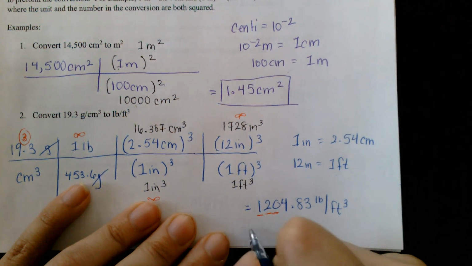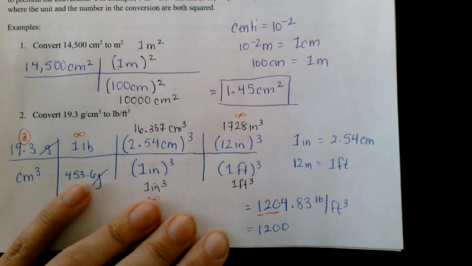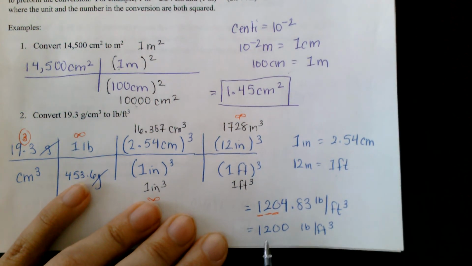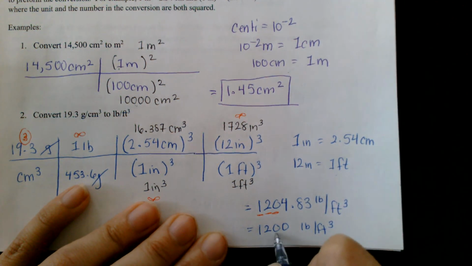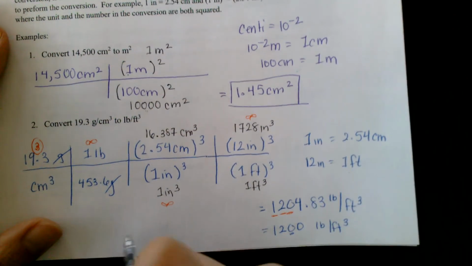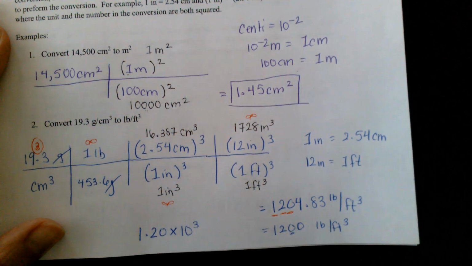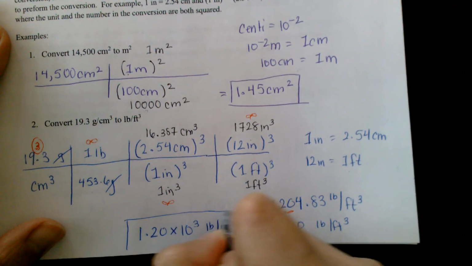So we got 1,200 pounds per feet cubed. And we end up in the same situation we were in for one of the problems above, where we do need to show that the 0 is significant. So we're going to turn this into 1.20 times 10 to the third pounds per feet cubed.